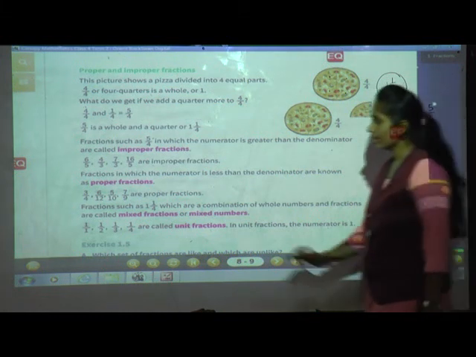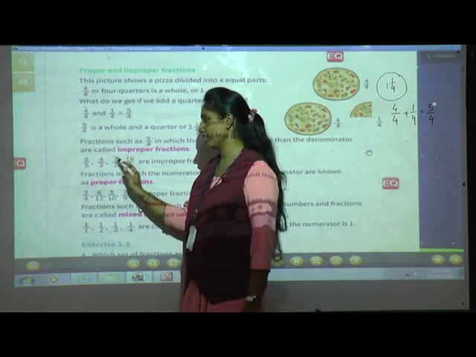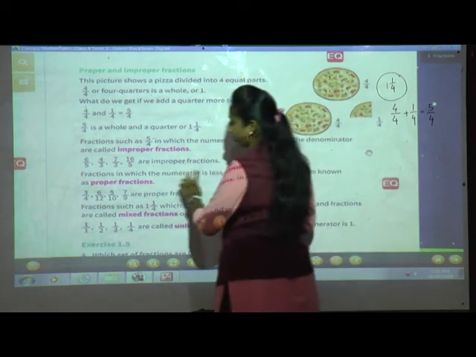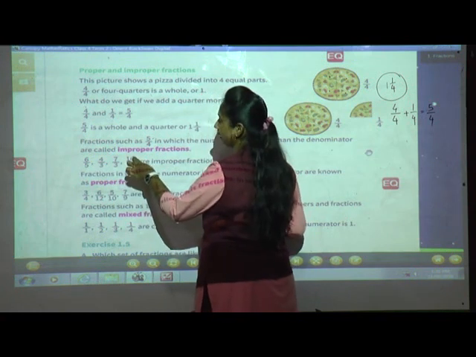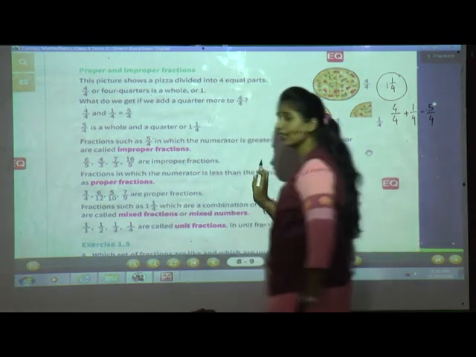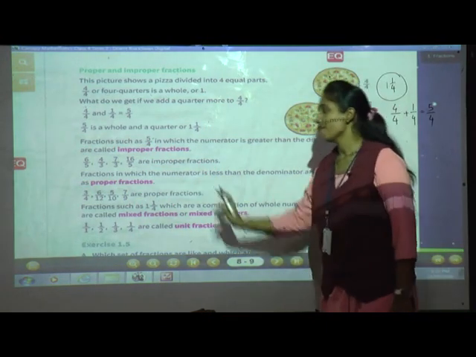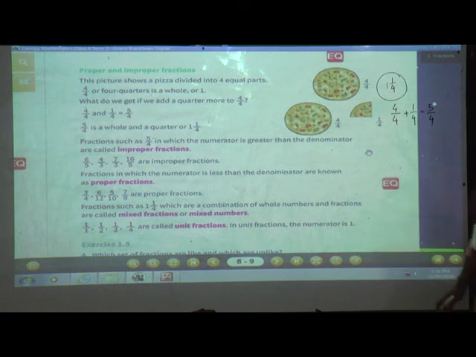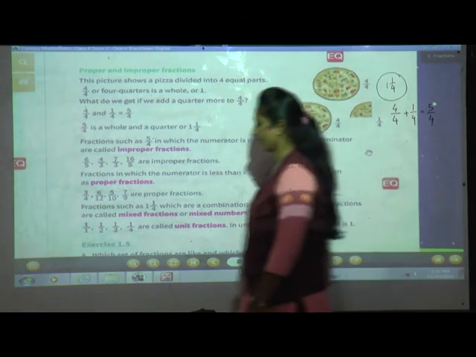So here, examples of improper fractions are given: 6/5, 4/3, 7/3, 16/5 are improper fractions. Why? Because you can see the denominators are smaller than the numerators. Next, fractions in which the numerator is less than the denominator are known as proper fractions.